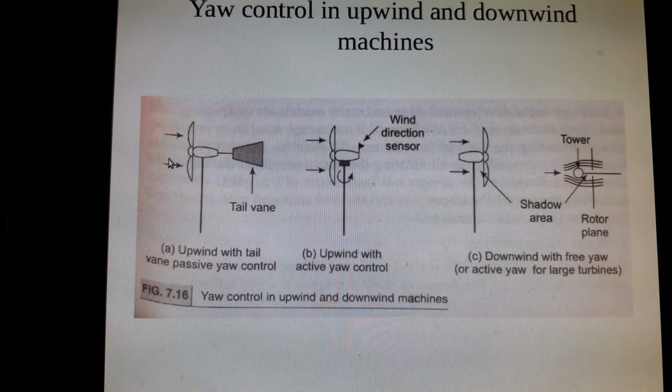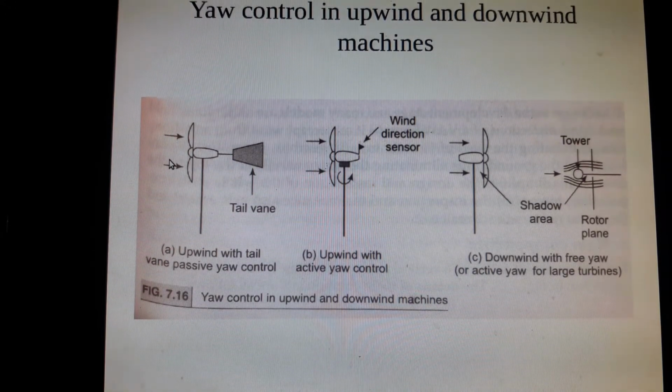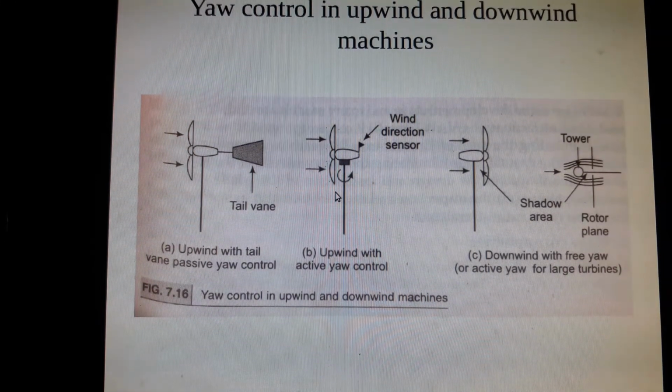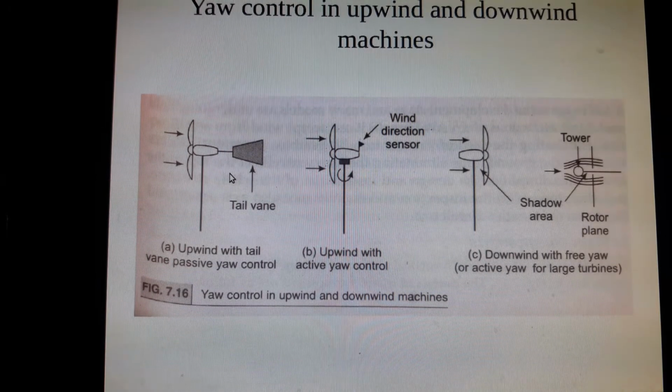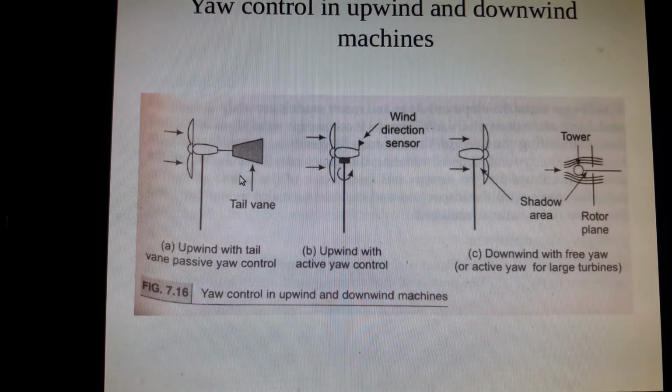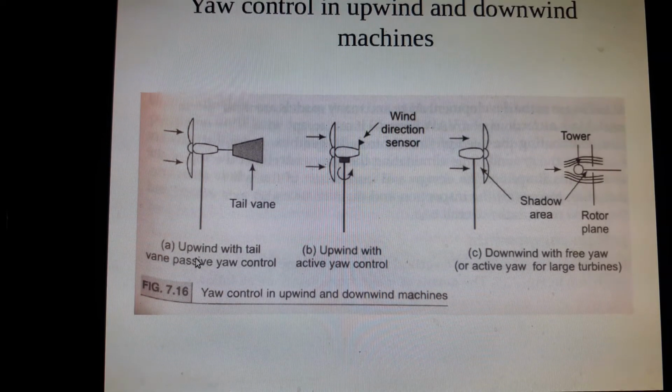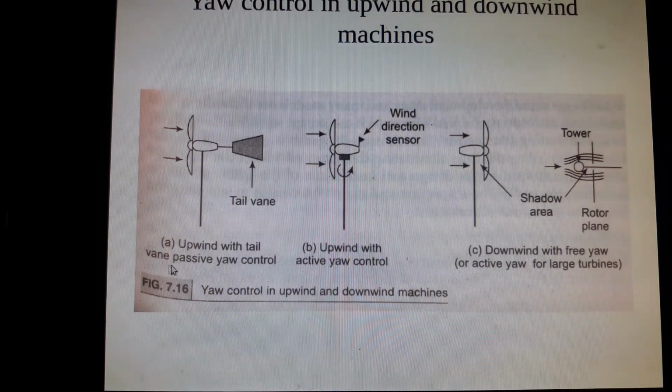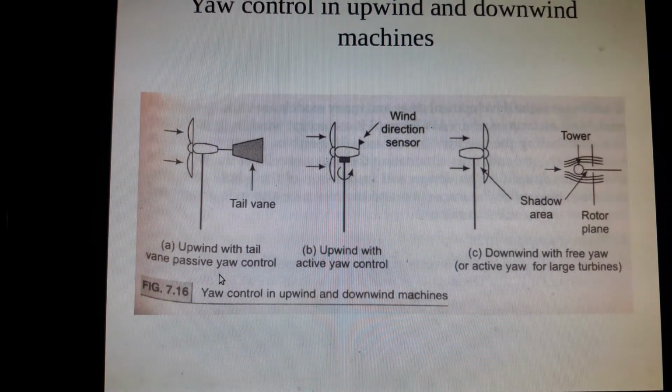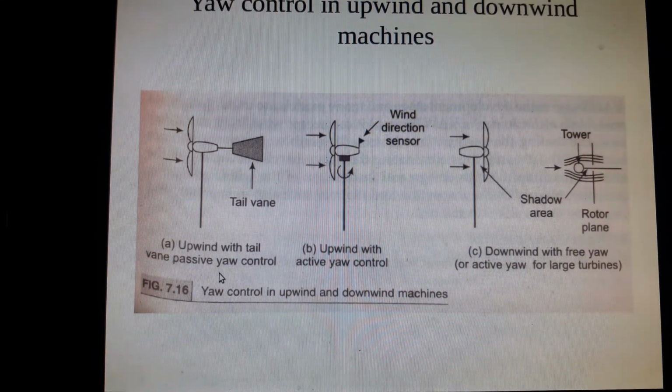This is an example of an upwind wind turbine, and this is an example of a downwind. In this upwind turbine, the direction or the yaw motion is controlled with the help of this tail vane. So this is called upwind with tail vane passive yaw control. That means no control system is required here.